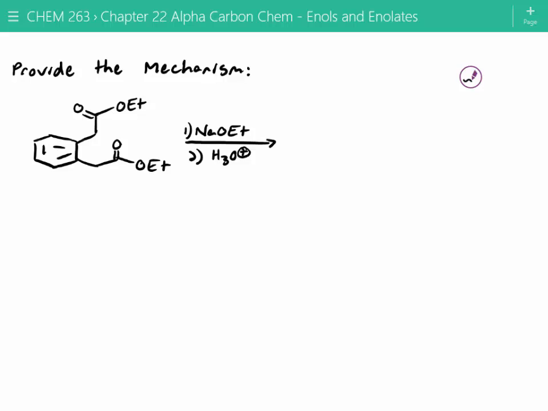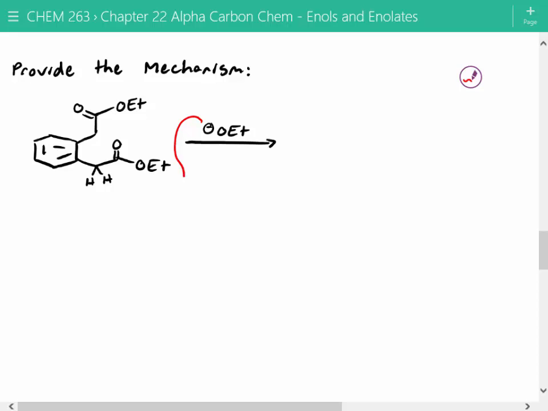So this has two esters in the same molecule. What do you think might happen? A ring closing again. So this would be an example of a Dieckmann cyclization. So we've got alpha protons on either position. It doesn't matter which one we choose. They're chemically equivalent. So I'm going to help you guys with the mechanism here. We've got ethoxide around.